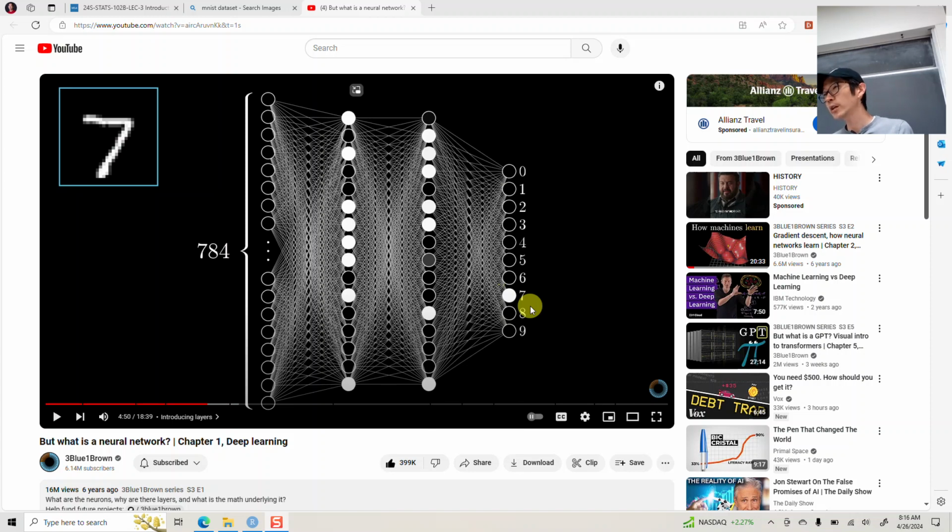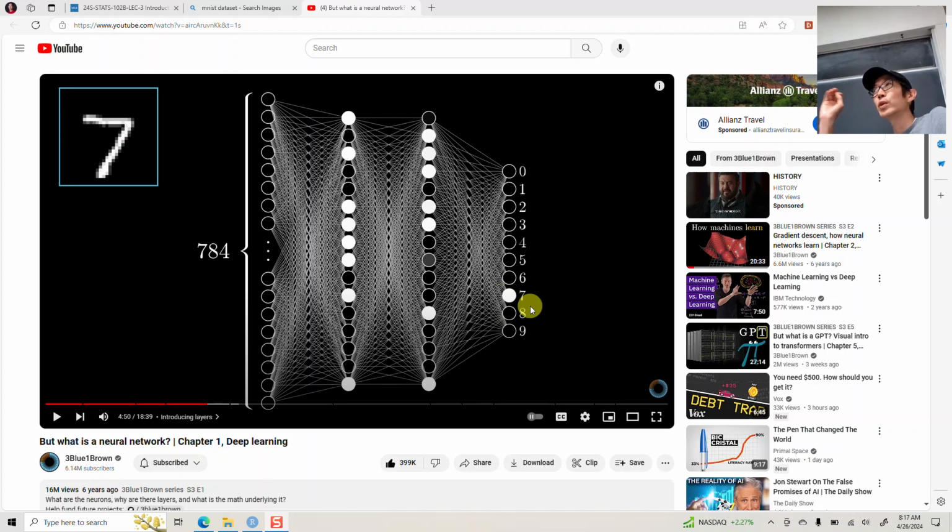We have 10 nodes, 1 corresponding to each digit, because this is a classification problem. We're not able to just use 1 node, okay? If we had 1 node, you might ask, why can't you just have it output a 1, a 2, a 3, a 4, or a 9, or a 0, or whatever digit it is?